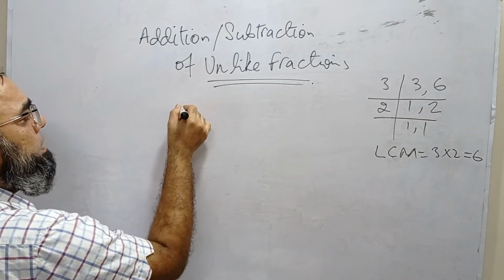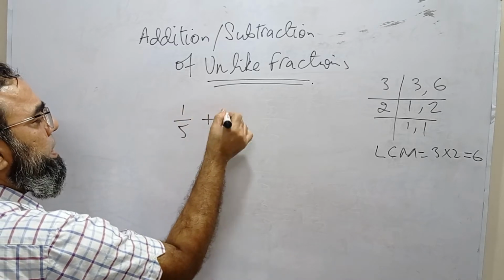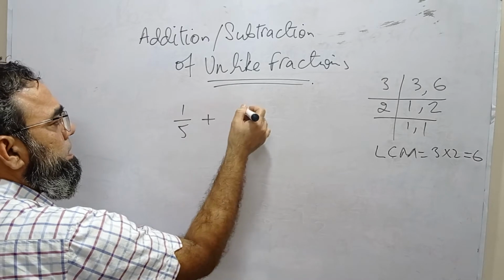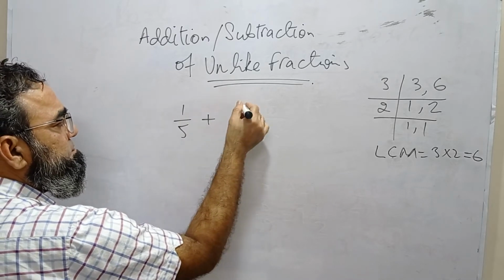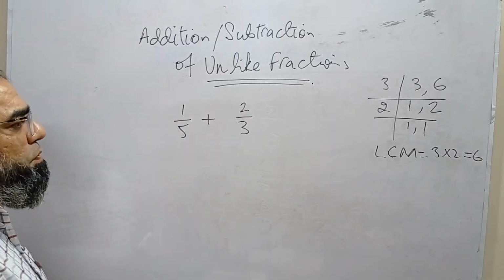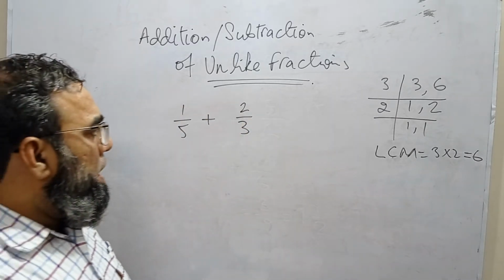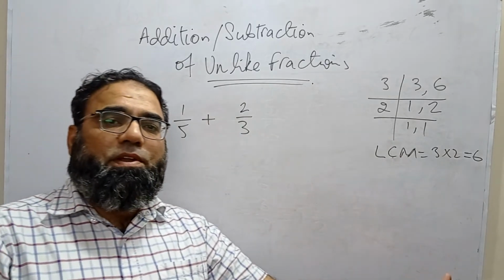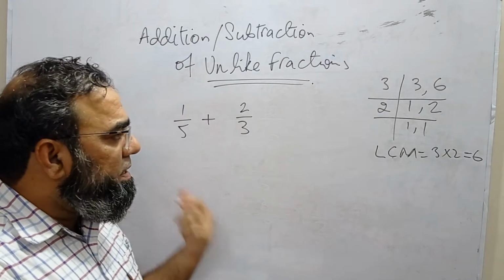Now suppose you have 1 over 5 and you want to add 2 over 3, okay? We want to add these two fractions. So the LCM for 3 and 5. I'll have a separate video inshallah where I'll tell you how to find the LCM, okay?